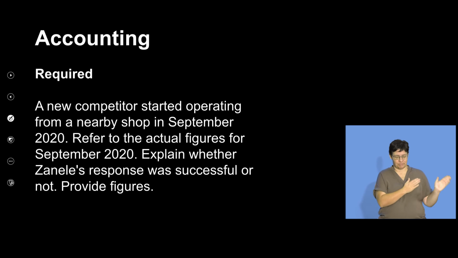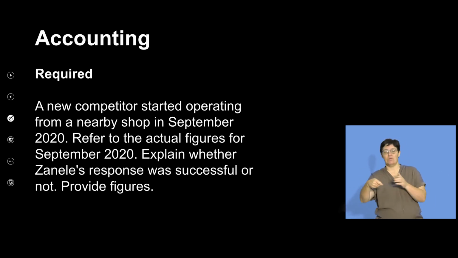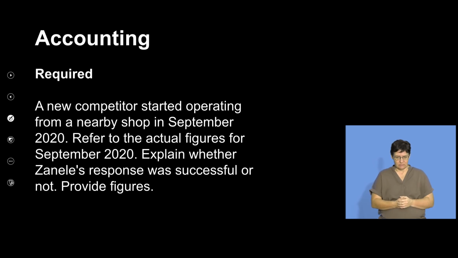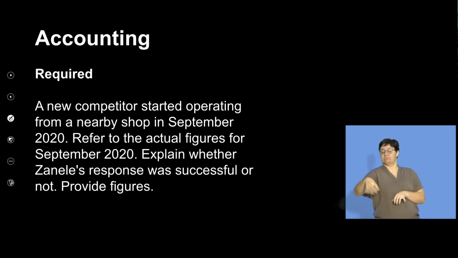Right, you have a new competitor who started operating in a nearby shop, and obviously it's creating a bit of a stir for Zanele. So what was her response? Let's see, how did she respond by the competitor becoming a competition for her in terms of her business?